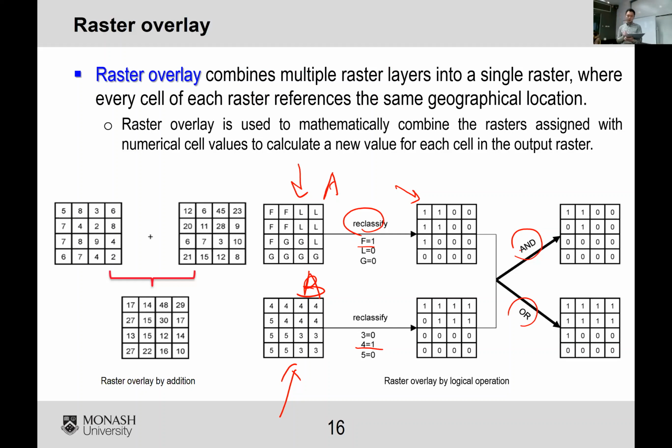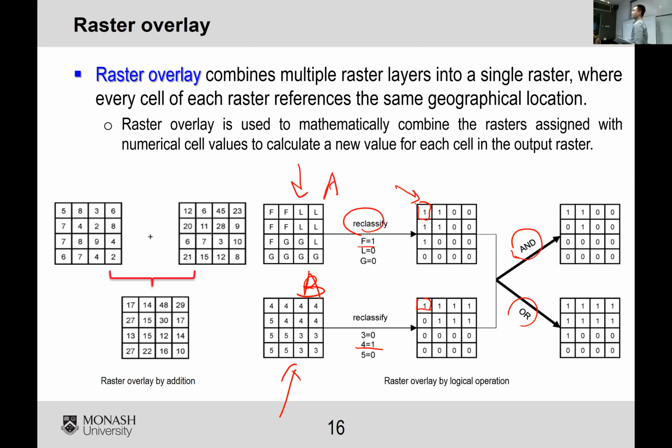So now we can easily do a conditional operation to find the cells that are both 1 in these two new rasters. This is the underlying process of how the conditional operation is done in the raster overlay.